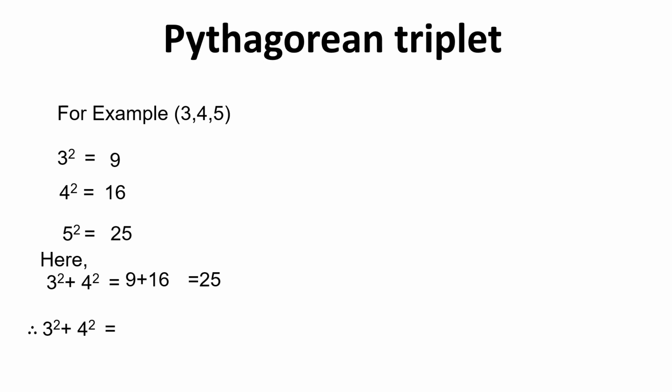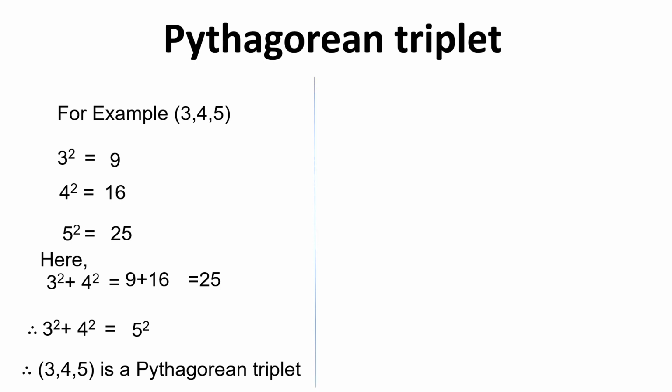Next, 3 square plus 4 square is equal to 25, which means 5 square. Here the square of the largest number is equal to the sum of the squares of the remaining two numbers. Then these three numbers, the triplet, is called a Pythagorean triplet.